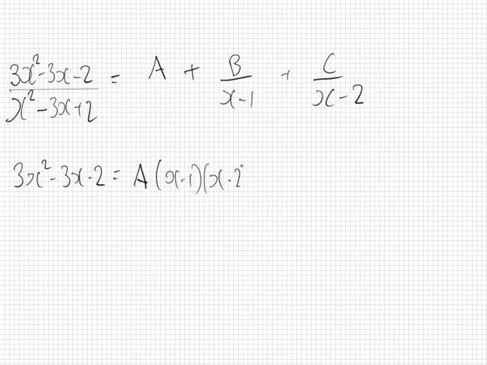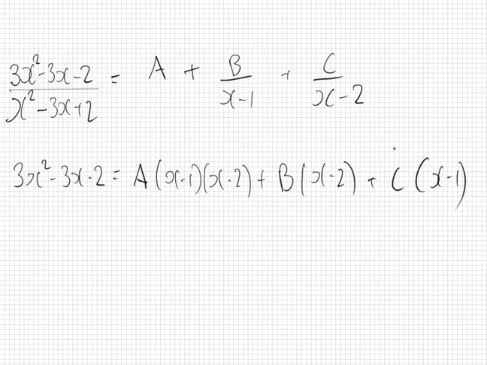Plus B times x minus 2, plus C times x minus 1. Alright, that's it, isn't it? How did you get x minus 1 and x minus 2 for the A? Well, what I did is I multiplied everything by x minus 1 and x minus 2. There was nothing in the A to cancel, so it just stayed there.